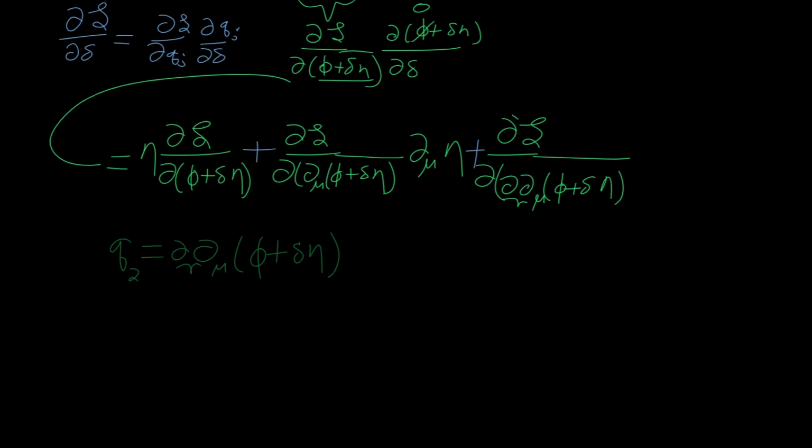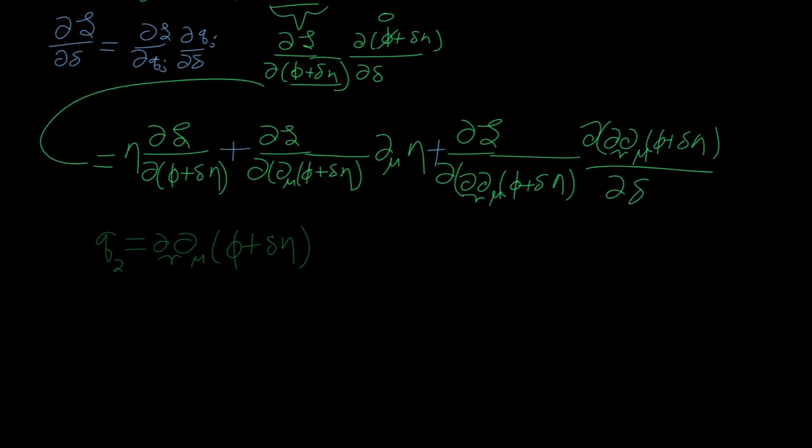And then what we're going to have is going to be the partial derivative of this right here, so partial of phi plus delta nu with respect to just delta. And as before, this is just going to simplify to partial nu, partial mu of nu. So erasing and rewriting.